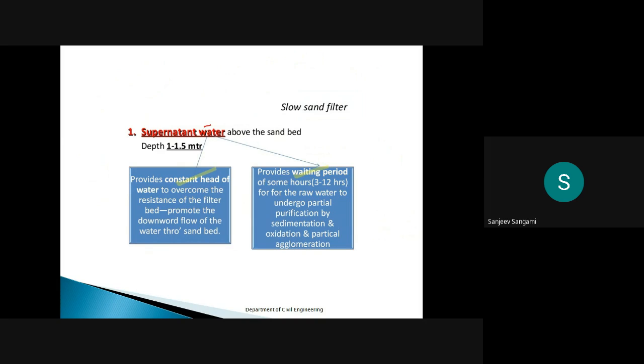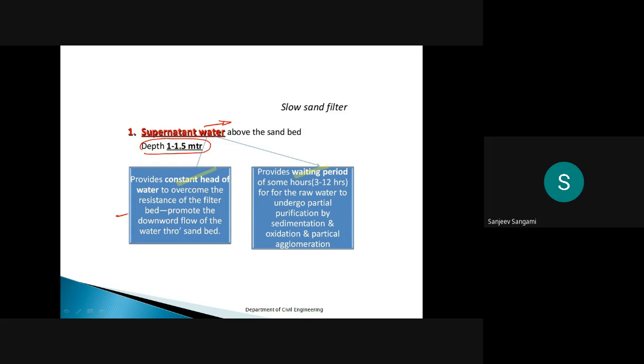Then, how much should the supernatant water depth be? It should be a depth of 1 to 1.5 meters. It provides a constant head of water to overcome the resistance of the filter bed and to promote the downward flow of water through the sand bed.